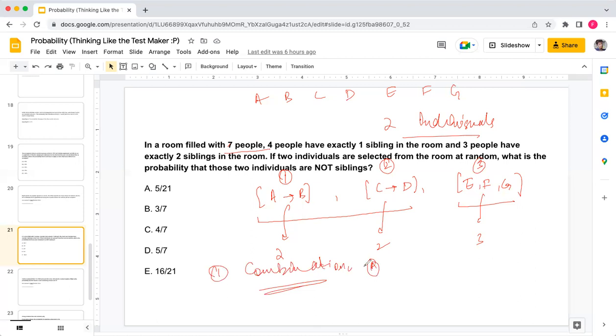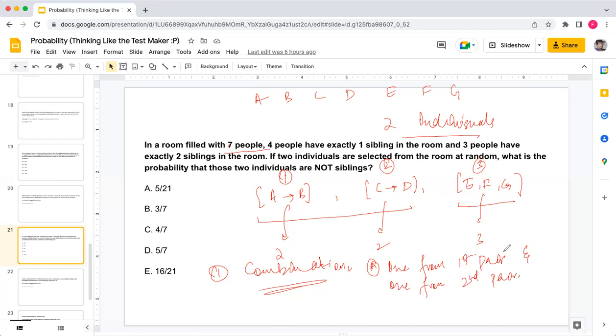First case, one way is if you are picking one person from the first pair and one person from the second pair, right?